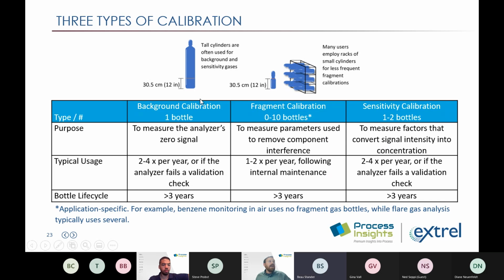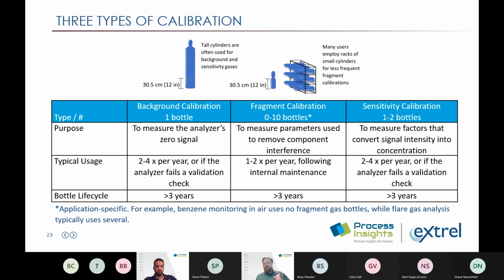That's the background gas, which is used to take a zero value, to zero the analyzer, and the sensitivity calibration. This is very comparable to a GC span gas. This is the gas that allows the mass spec to adjust signal level to concentration.